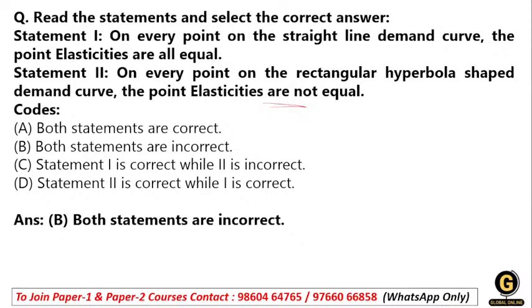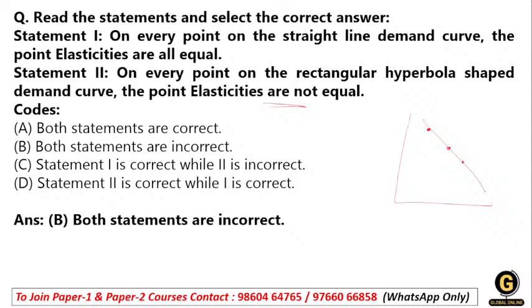It's actually on your screen, option number B: both are incorrect. Why are both incorrect? Because on every point on the straight line demand curve, are the point elasticities all equal? No, because on a linear demand curve the price elasticity of demand varies at different points.